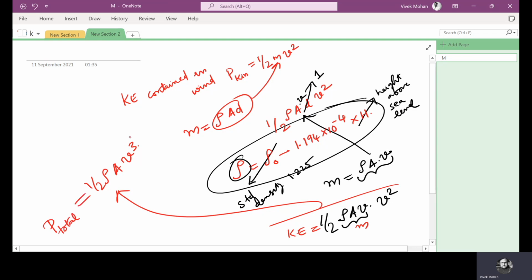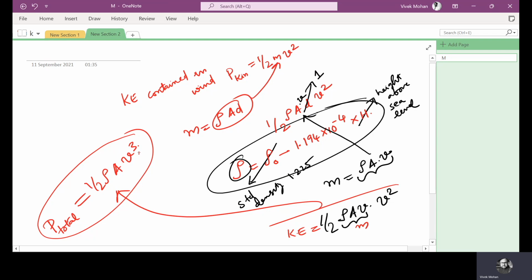This considers the installation site. This considers the wind speed. It considers the density of air and the variation of density of air with respect to the location, everything. So the total power that is extracted from the wind when the swept area is A and the velocity is v, is half rho a v cube.